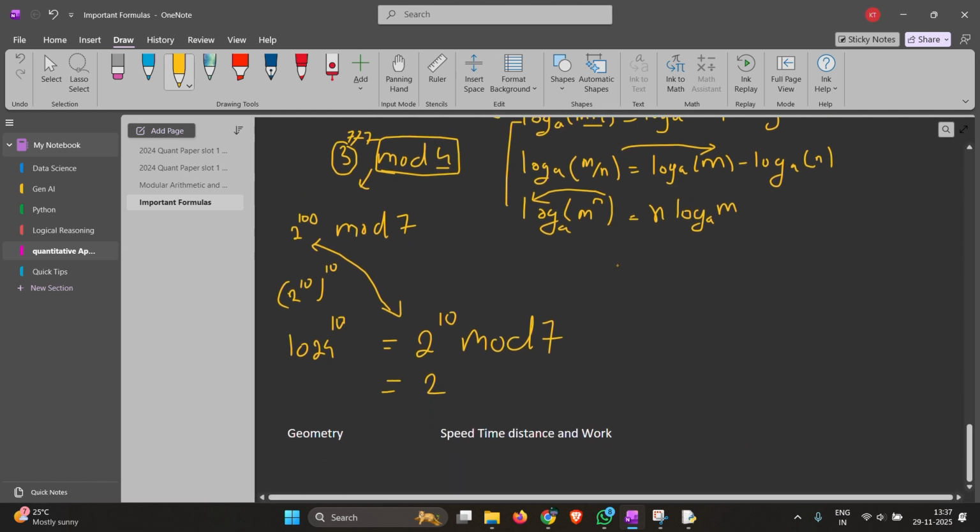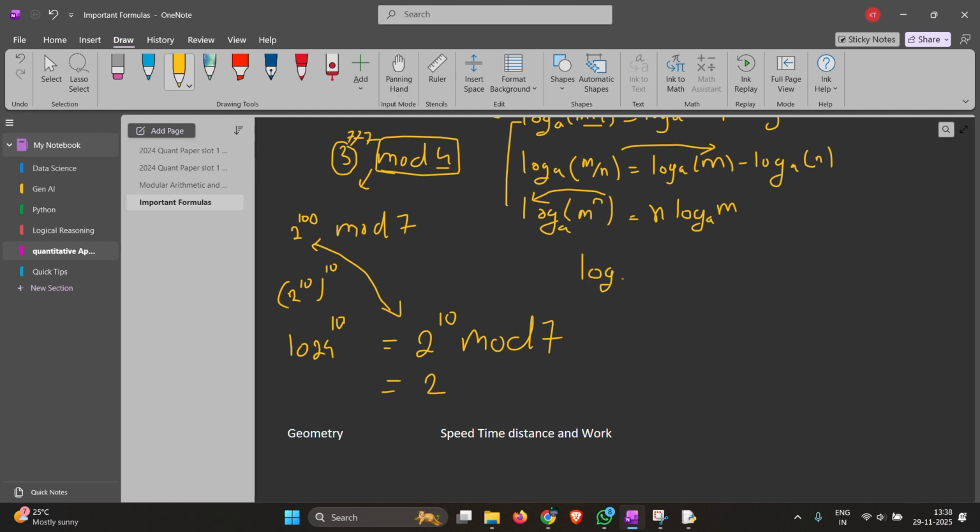There is also a very important formula for changing the base of a log, which is also very useful for CAT. So let's also look at that. Let us say that you have log base a of b, and you want to change the log base to c. What you could do is write this as log base c of b upon log base c of a, or you can also write this as 1 upon log base b of a.